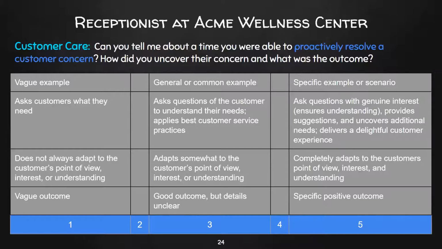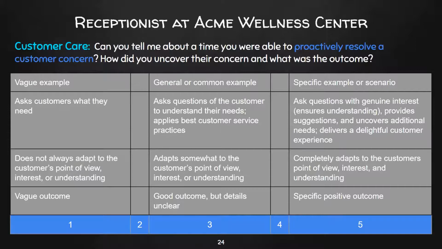You're going to have to pull that out of them through follow-up questions as you interview them, and we'll talk about that in a little bit. Provide suggestions and uncovers additional needs. So the difference here is they're asking questions with more interest, getting greater understanding, and that leads to them providing suggestions and uncovering additional customer needs. And then they're delivering not best customer service, but a delightful customer experience.